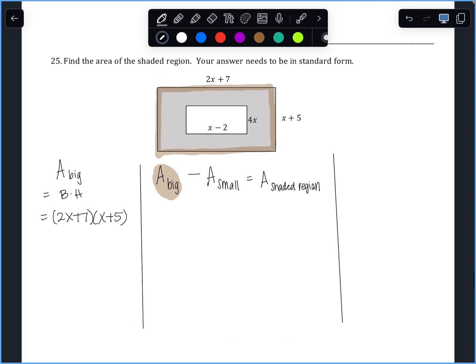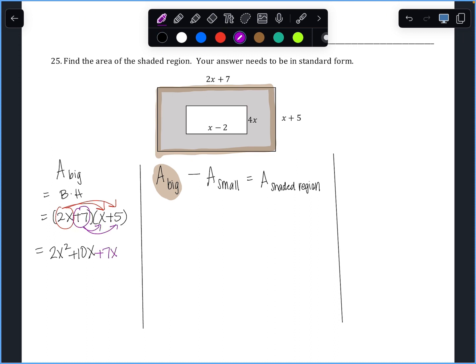Does that make sense to everyone? Yeah. So can we multiply and get the terms? Okay, let's do it. We get 2x times x is equal to 2x squared. 2x times 5 is 10x. 7 times x is 7x.